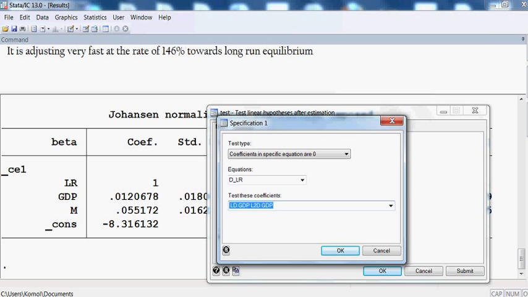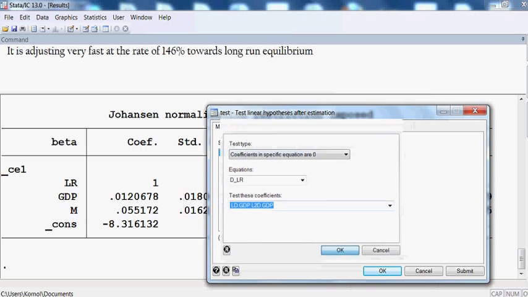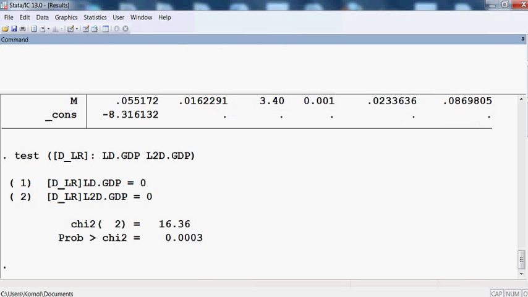Okay, it is set, then I press OK, then OK. So here you can see the hypothesis, it is 0 or 0, right?